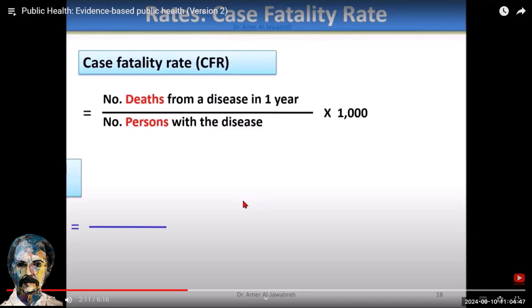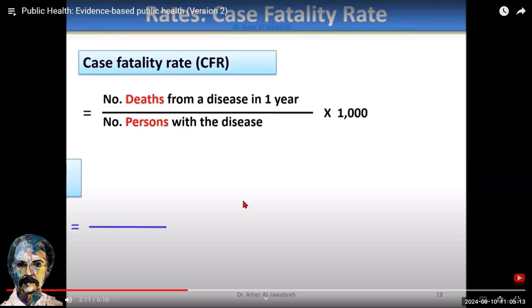Visceral leishmaniasis, if untreated, almost 95% killer. What else? Brain amoebas. Amoebic encephalitis caused by Naegleria fowleri, Acanthamoeba, Balamuthia mandrillaris. These are amoebas, but not in the intestine, in the brain.